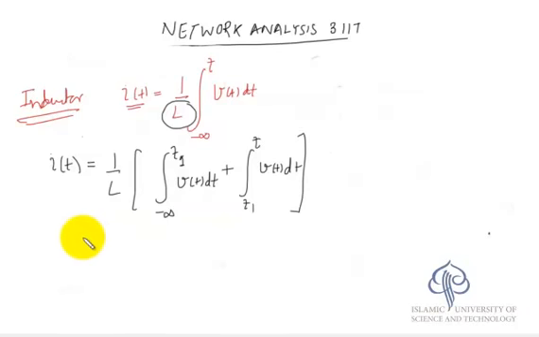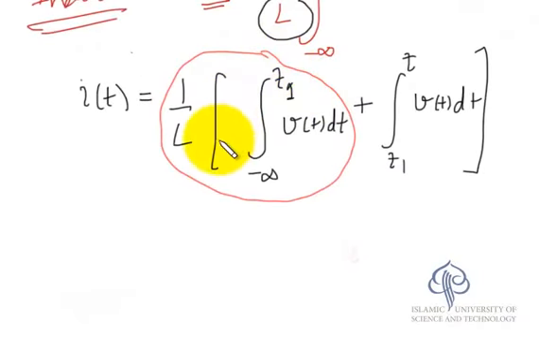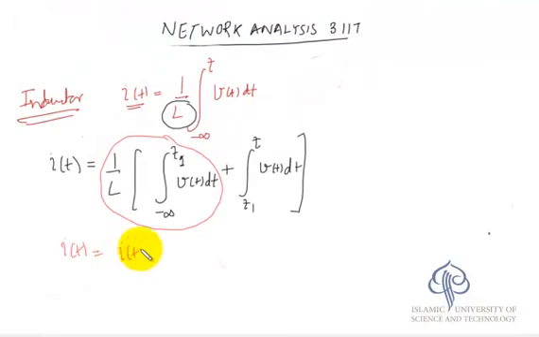So if you look at the first part, by comparing this part and this equation that I've written earlier, you see that this is actually the current at time t1, because you're integrating all the voltages from minus infinity to t1 and dividing by L. So you can write it as I(t1) plus 1 by L, integral from t1 to t of Vt dt.